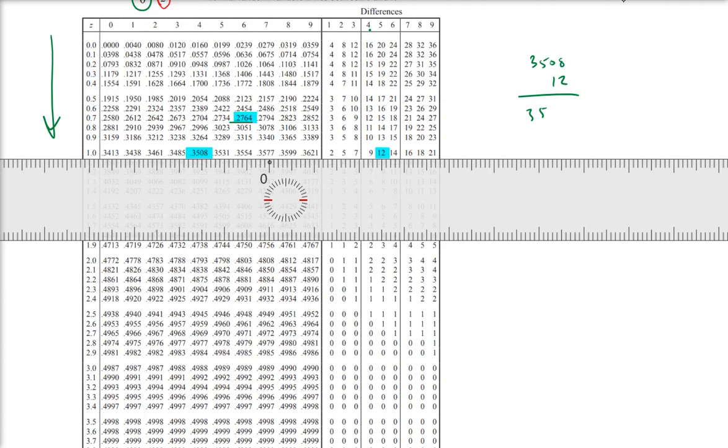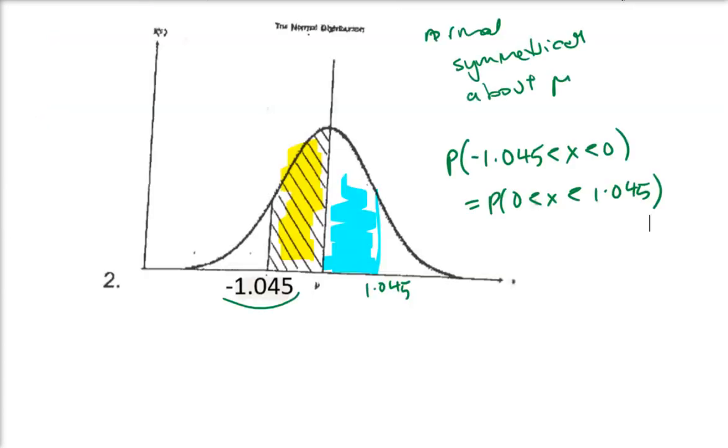So 3520. Again, another bit of a brain fade. 3520. So that probability there will be 0.3520. So same as that one there.